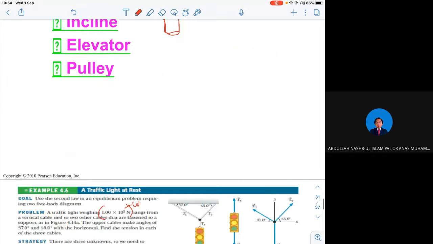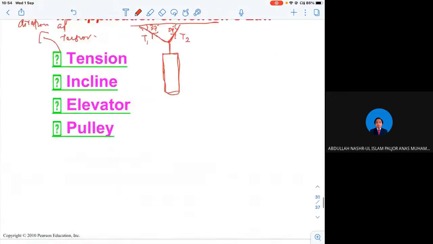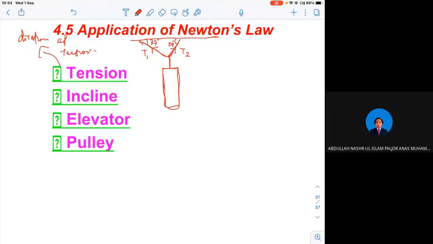Number two is we should consider the situation here. Whatever happens to the string system, when you have a string system like this, remember the concepts of force between the strings: the directions of tension should be against each other.